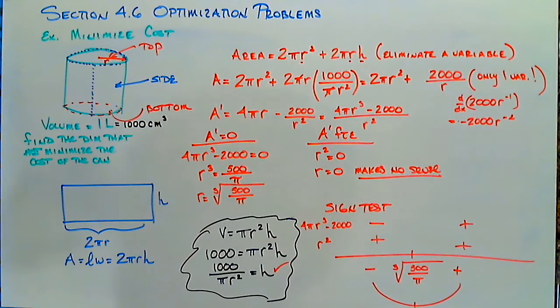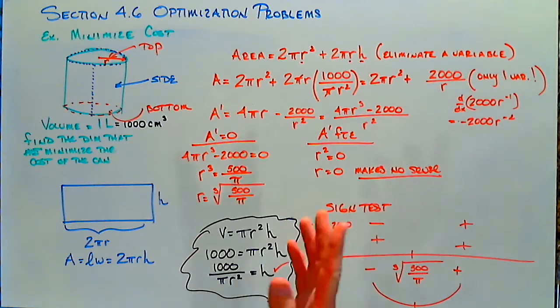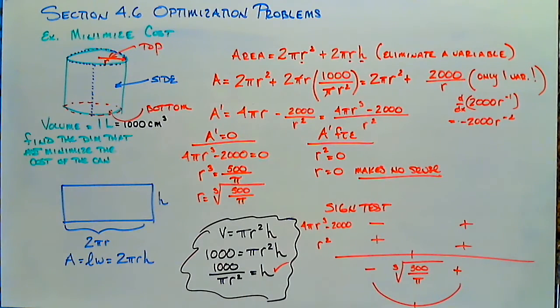I think when we get all done, the height turns out to be 2 times r. If memory serves, I've done this probably a few times in class, but I'm not going to do the arithmetic here. You can push pause on the video, as you probably should, and put this in for R here. Do the arithmetic and see if you get 2R over there for H.